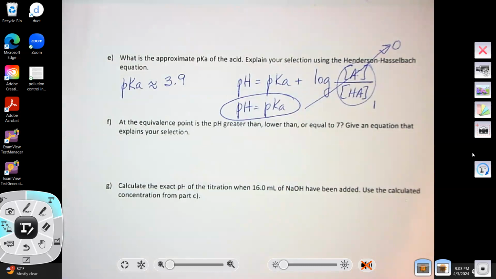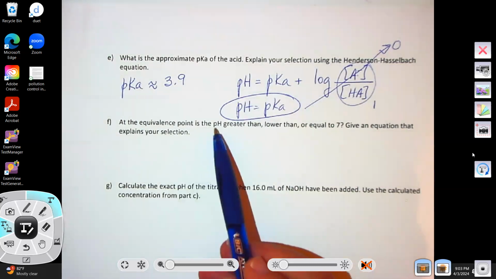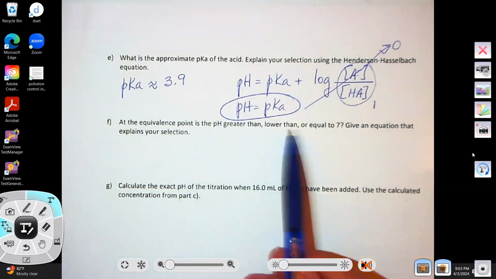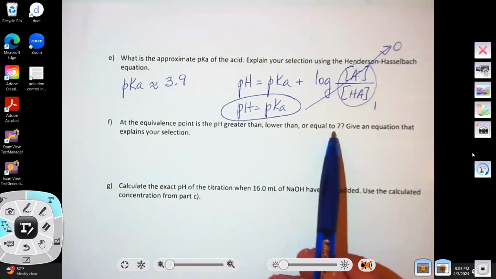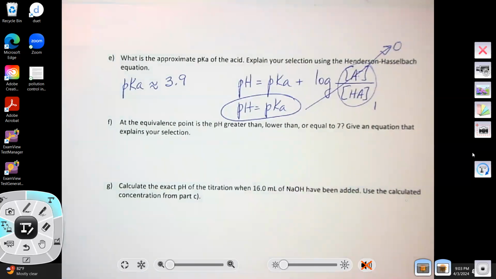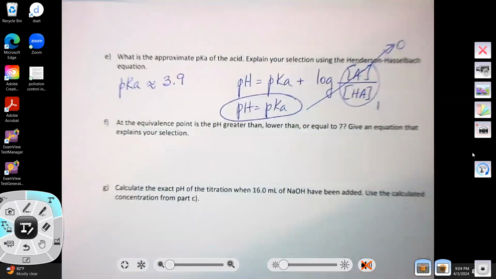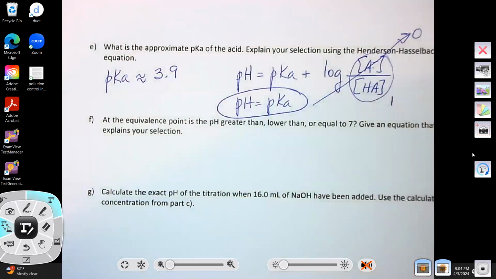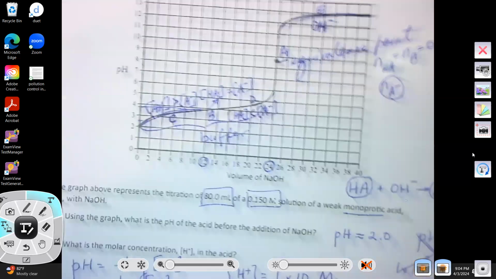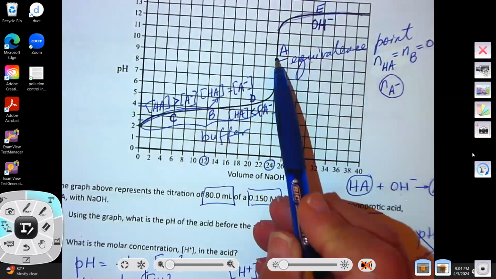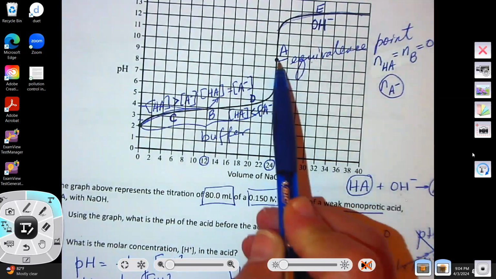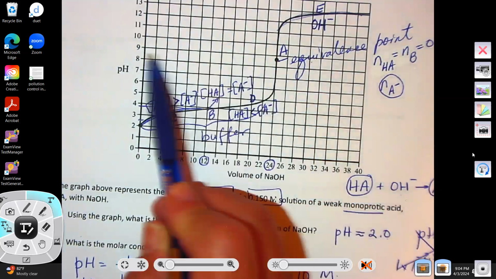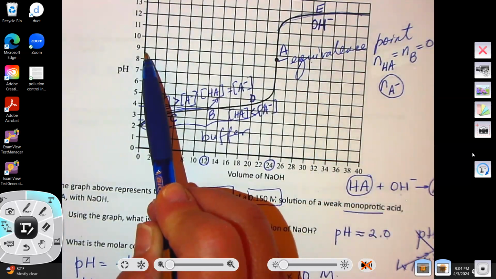So it says, at the equivalence point, is the pH greater than, lower than, or equal to 7? And then it says, give an equation that explains your selection. Okay, so if you notice in your graph, this is the equivalence point. You notice that the pH is greater than 7.